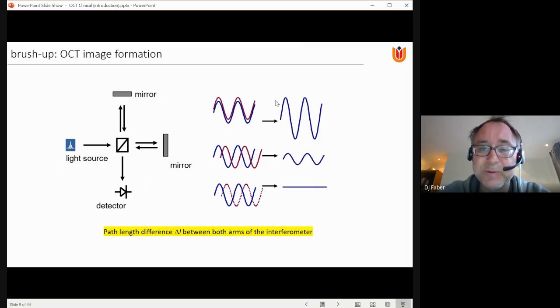That is on the top. Skipping to the bottom, if they're completely out of phase, you can have destructive interference, and the signal will be completely zero. And you can have anything in between, which is the cartoon in between here. It is the path length difference, delta L, between both arms of the interferometer that determines what you will see in a measurement like this.